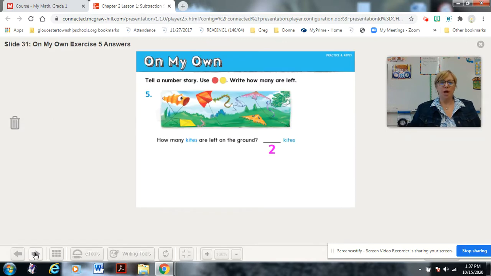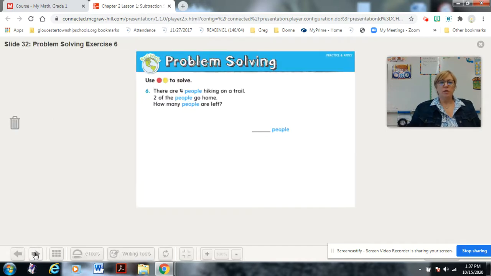Okay, good job. All right, so we are going to use, this is the other side of your page, okay? We're going to use our 2 color counters and use those to solve this math story. So let me get mine as well.